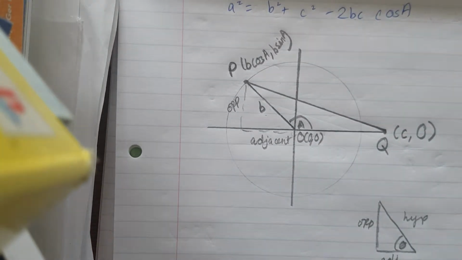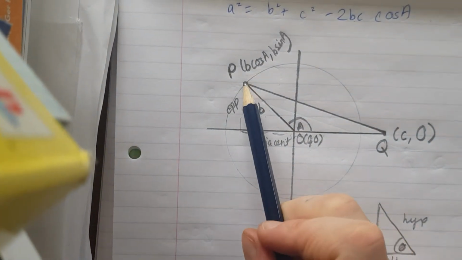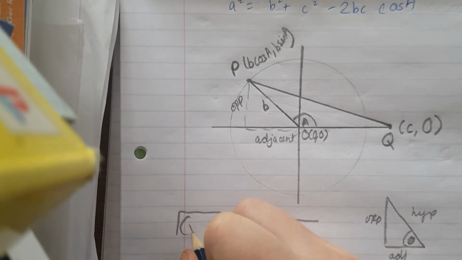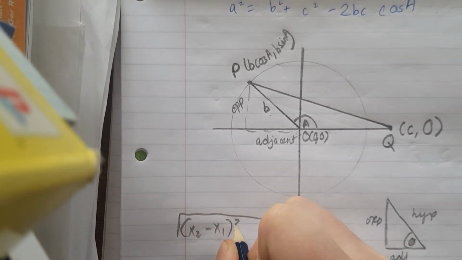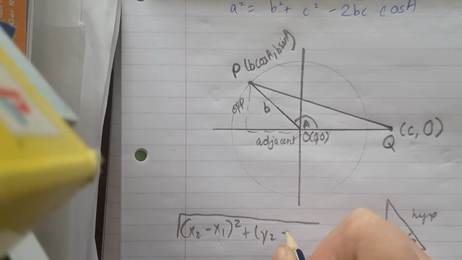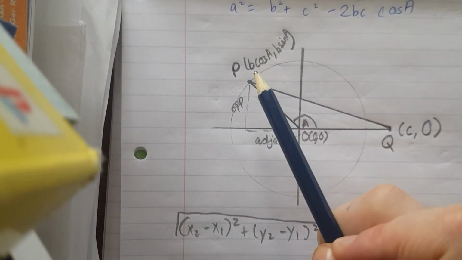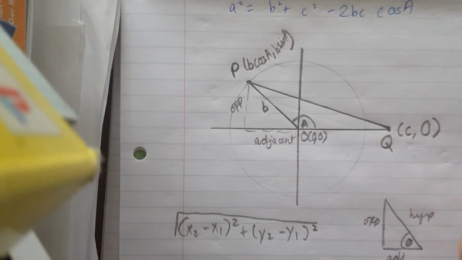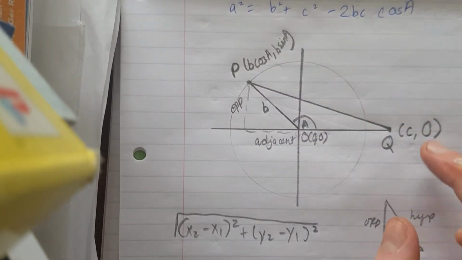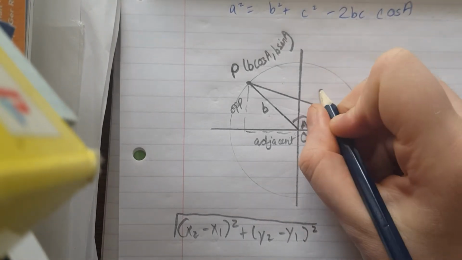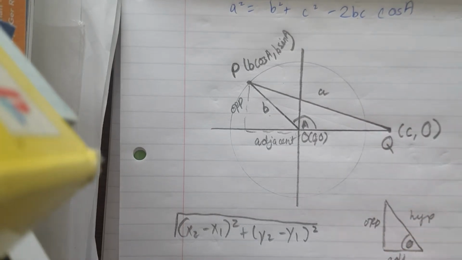So now we're going to use our distance formula to get the distance from P to Q. So the distance formula is the square root of x2 minus x1 squared plus y2 minus y1 squared. So we're going to call Q our x2 and our y2 because we're going to subtract minus c and minus 0. So it'll be easier for us this way. And because this is angle A, side A is going to be opposite it.